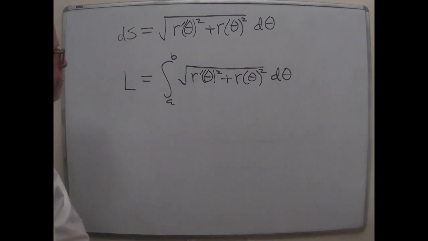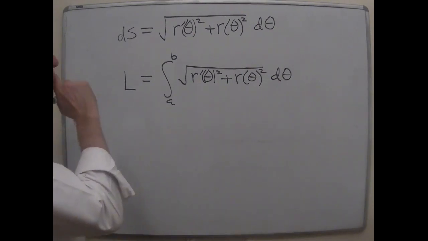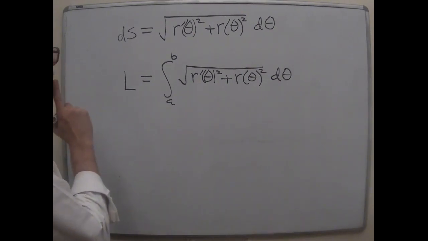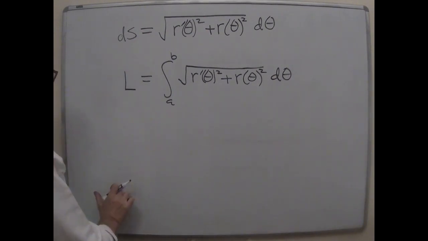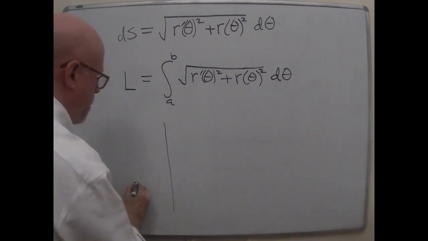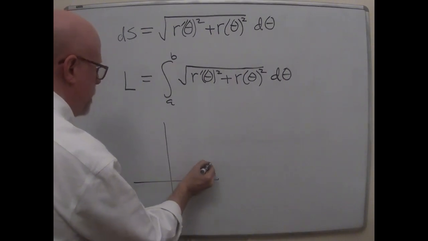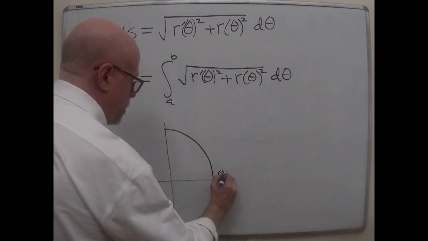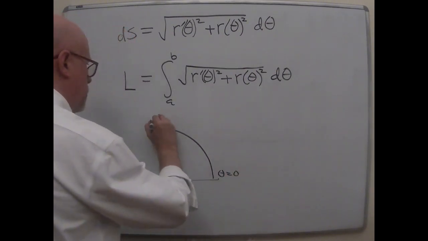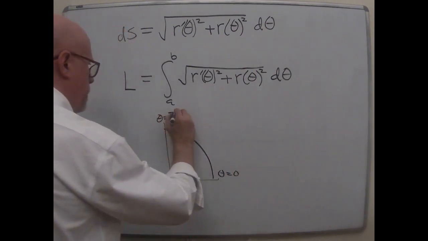All right. What's a nice example of this? I could figure out the arc length along a circle. That's probably the extent of my abilities at this hour of the night. How much arc length is there along a circle between theta equals 0 and theta equals pi over 2?